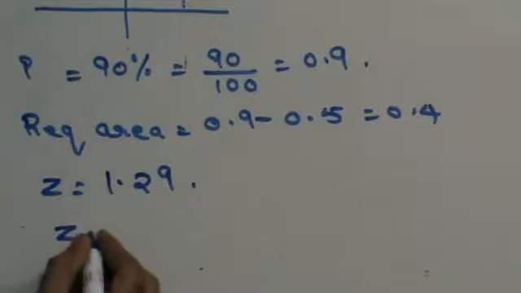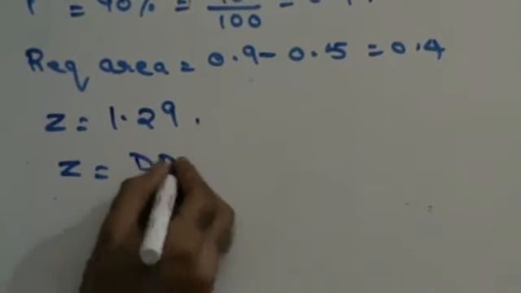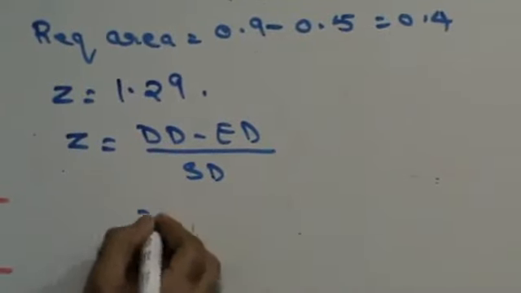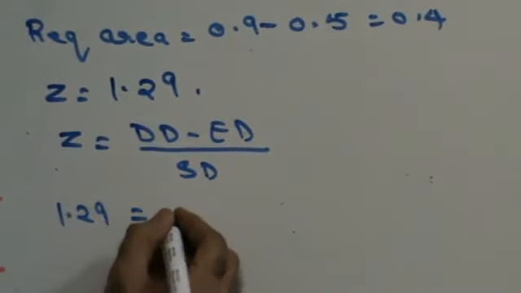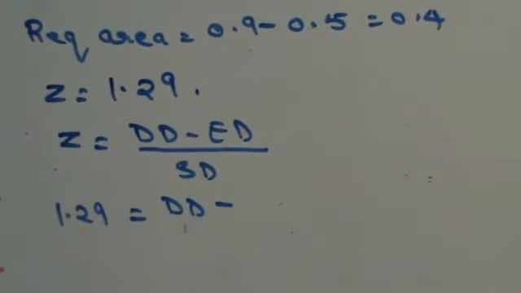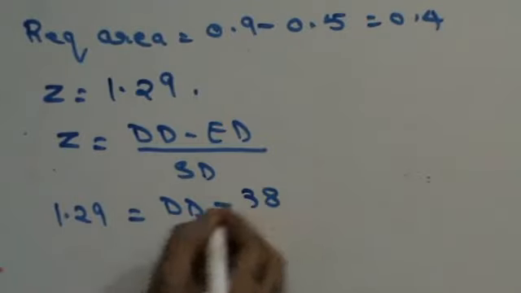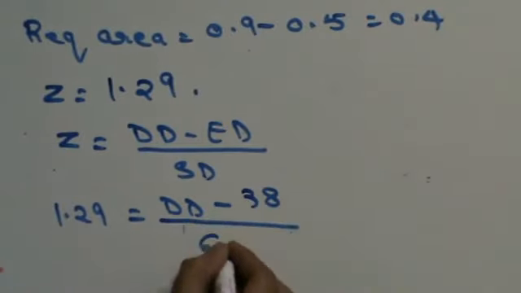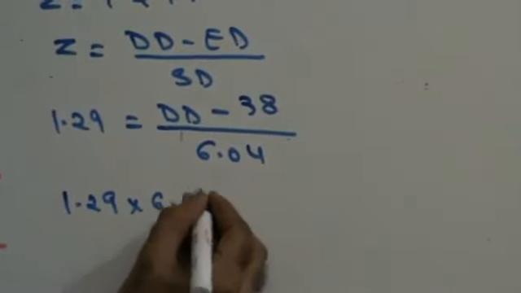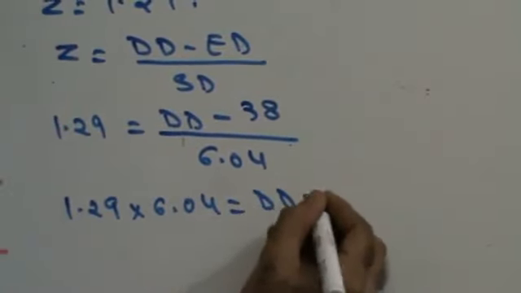Now, Z, normal distribution variable, is nothing but due date minus expected date upon standard deviation. 1.29 is due date, we don't know, minus expected date. Expected date is given to you as your normal project completion time, that is 38, upon standard deviation 6.04. So 1.29 into 6.04 is due date minus 38.